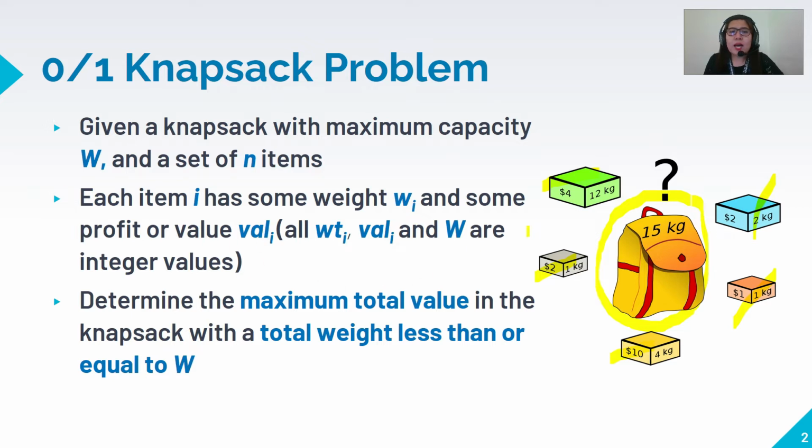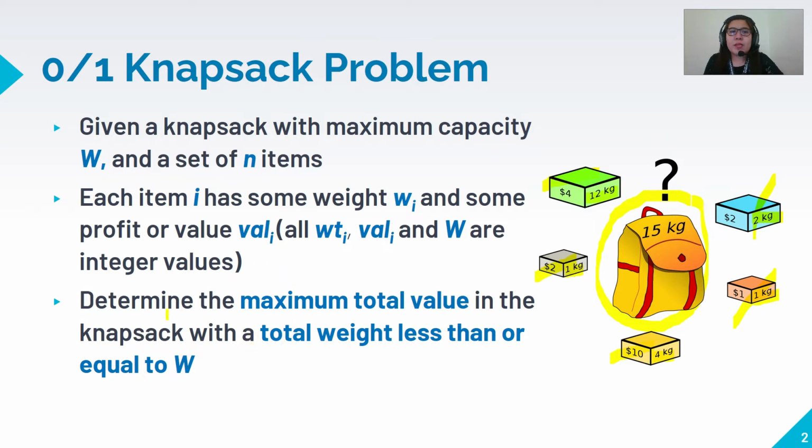So in this example, we have 12 kilogram, 2 kilogram, 1 kilogram, 4 kilogram, and 1 kilogram. And some profit or value, $4, $2, $10, $1, and $2. All weight, value, or profit and the capacity of the knapsack are all integer values.